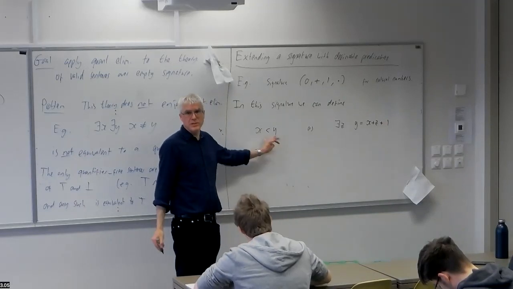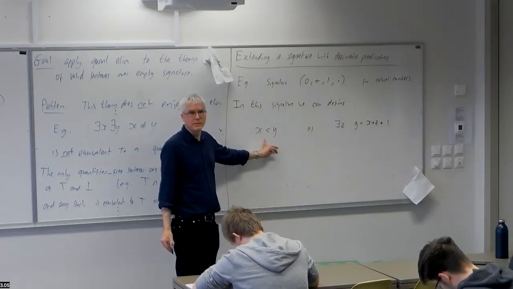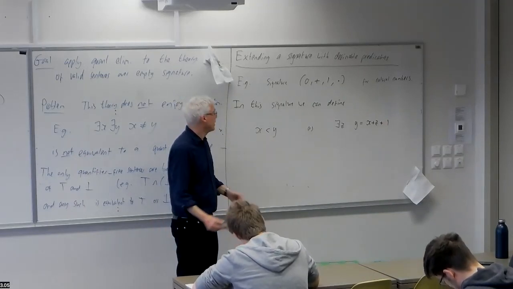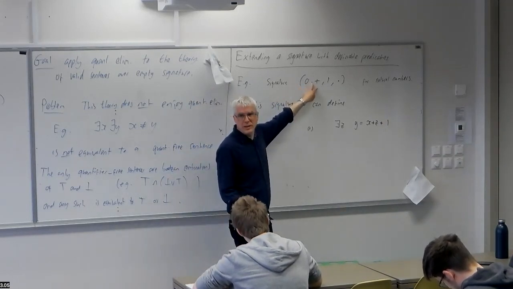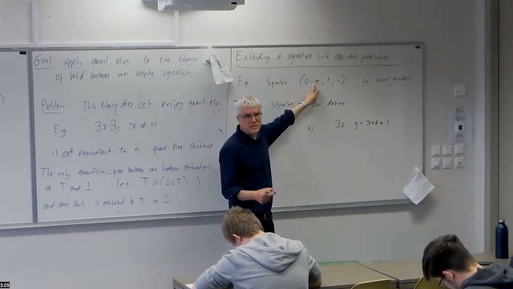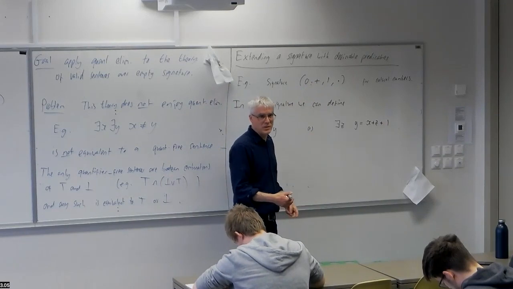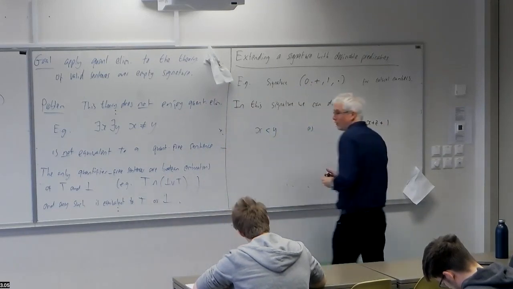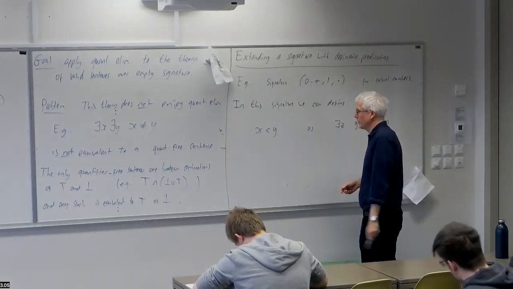Then you have two options for how you deal with less than. You can either work with the original signature and use less than as a shorthand, an abbreviation for a more complicated formula that you don't want to write down.